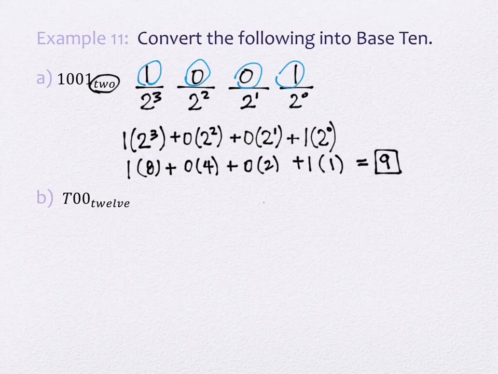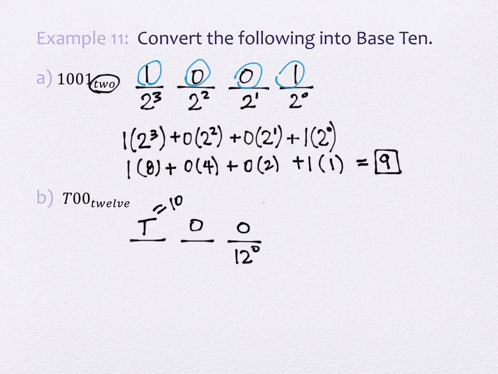Let's try it with base 12 because it works the same way, but it feels different, I should say. In this case, I have a 3-digit number, so I'm going to do 3 placeholders. I have a T here, a 0 here, and a 0 here. And what is T worth? 10. Okay, T is worth 10. But the place values are all values with bases of 12.